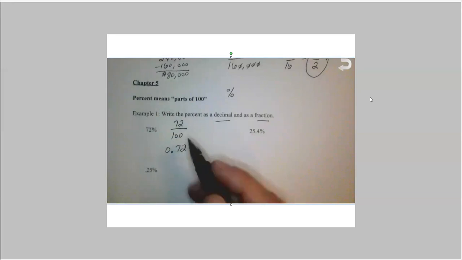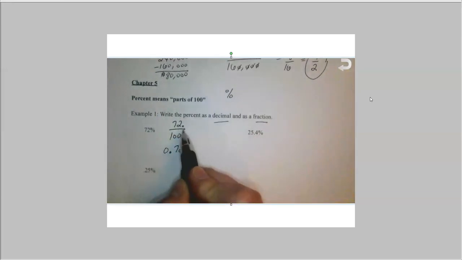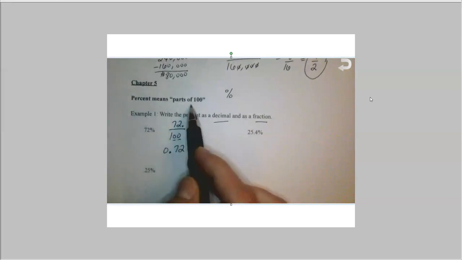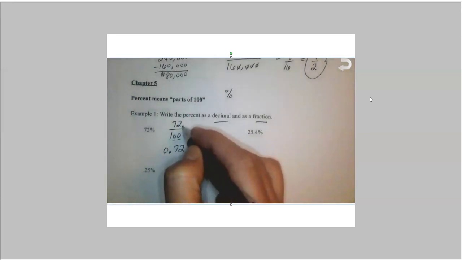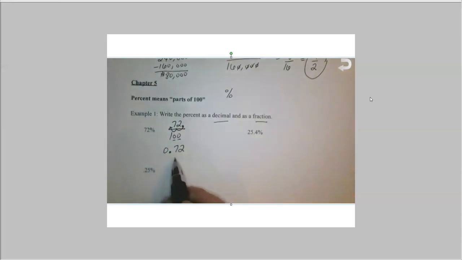And the answer is we take that decimal and we move that decimal point to the left, however many places there are zeros. So in this case, for percentages, we're always dividing by 100. It has 2 zeros. So a whole number has an understood decimal at the back of it. So I just have to move that decimal over 2 spaces, and that's how I can convert a percentage to a decimal. So 72 hundredths, that's my decimal answer.